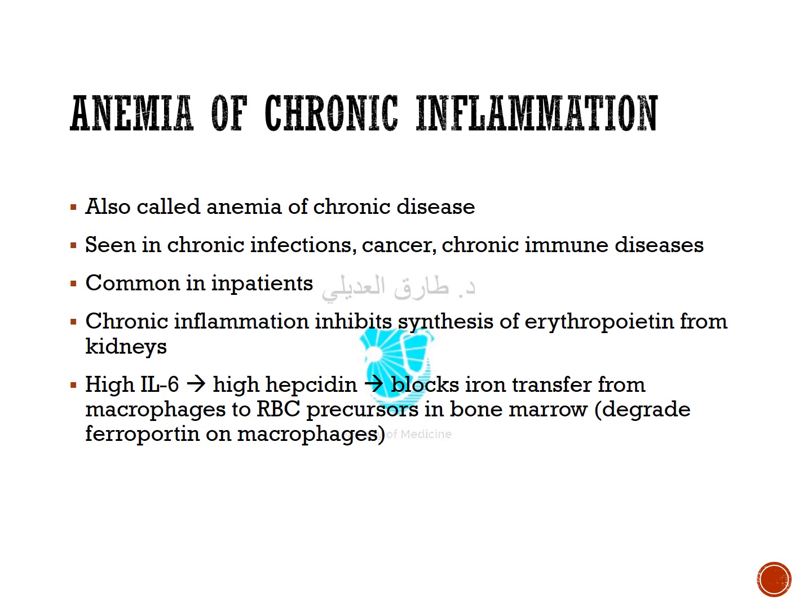Okay, pathogenesis: why does the anemia develop? Because there is an inhibition of erythropoietin synthesis from the kidneys.